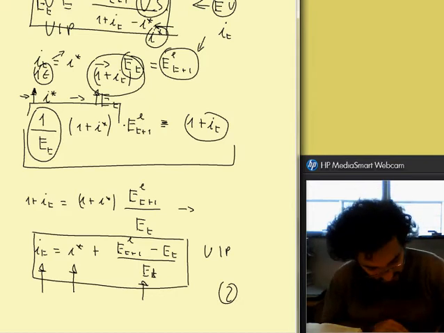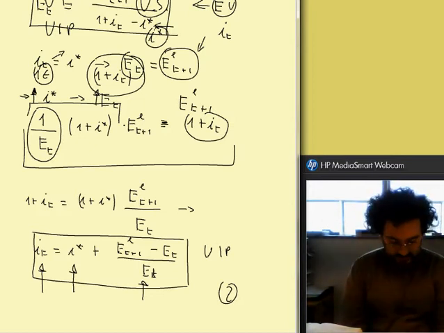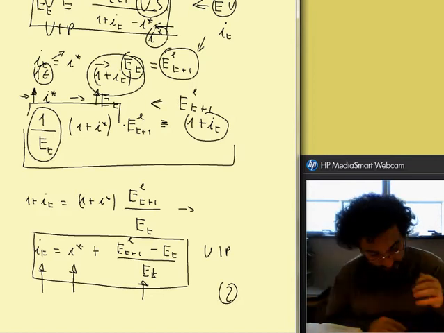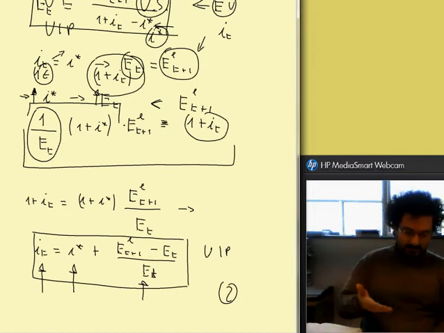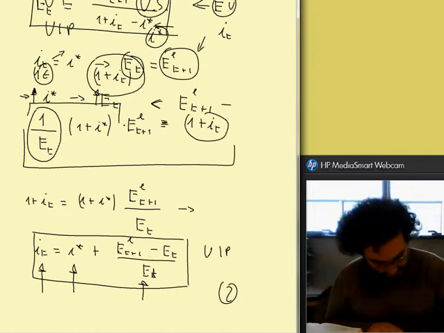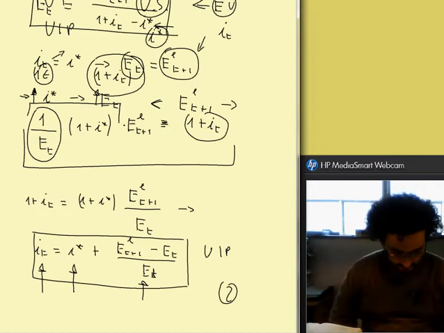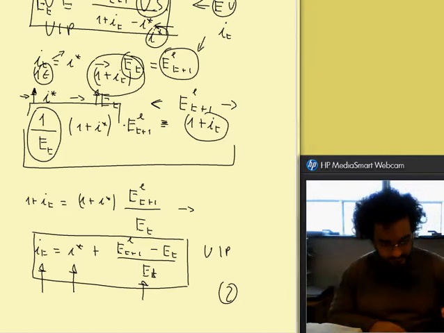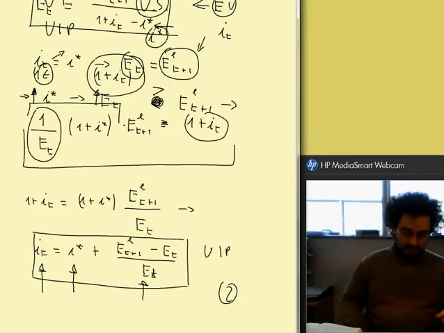But given that the expectation for the next period does not change, this means that the current exchange rate is greater than the expectation.